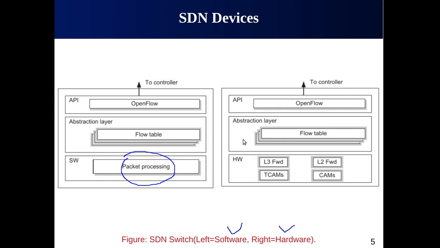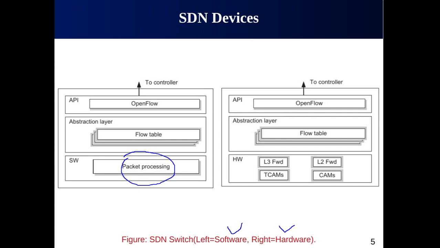The abstraction layer in the hardware or even in the software actually embodies one or more flow tables. Now we know the concept of flow table. The packet processing logic actually consists of the mechanisms to take action based on the results of evaluating incoming packets, as we just saw.